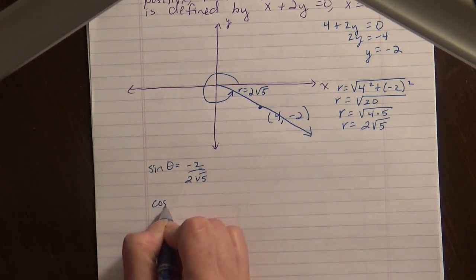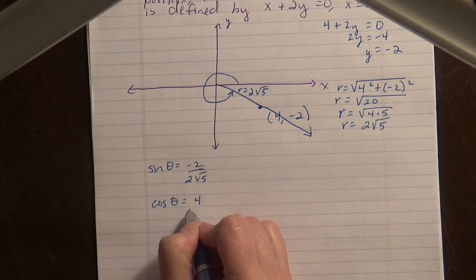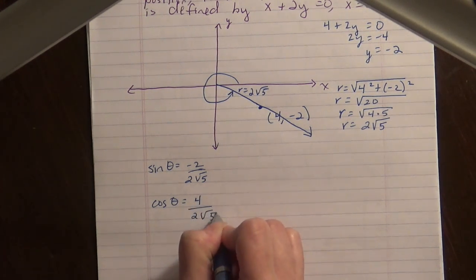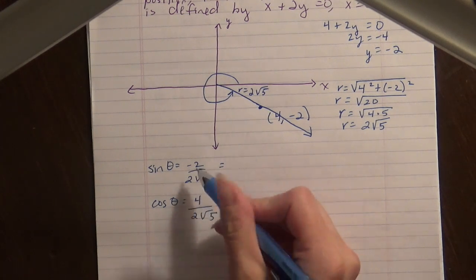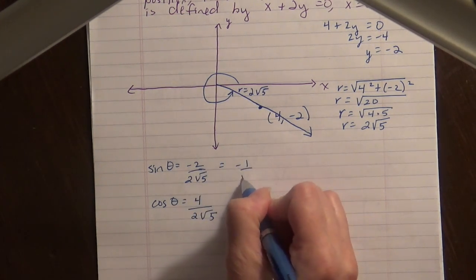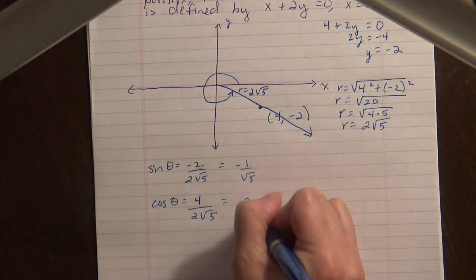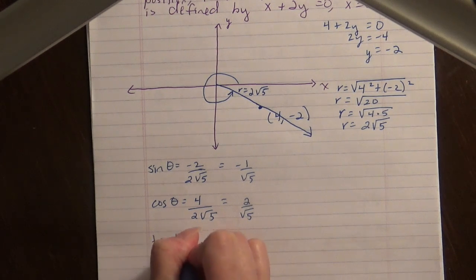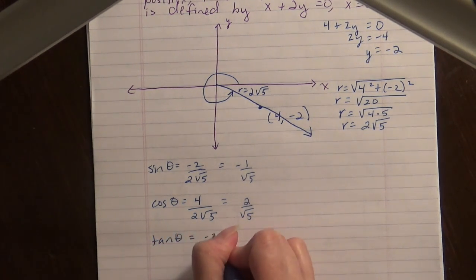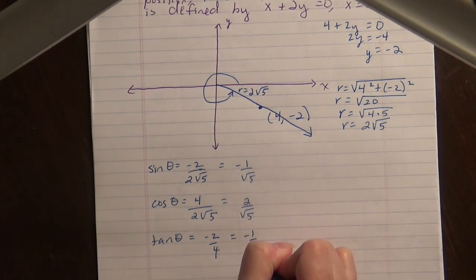Now cosine theta is x over r, so that's going to be 4 over 2 square root 5. Now I can simplify these. Sine theta, if I simplify that, is negative 1 over square root 5. Cosine theta simplified is going to be 2 over square root 5. Tan theta is y over x, so that's going to be negative 2 over 4, which is negative 1/2.